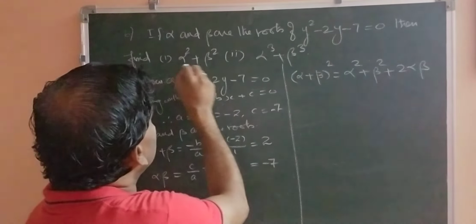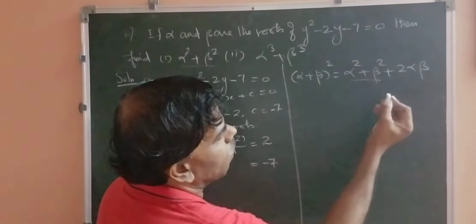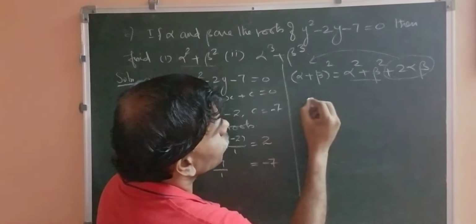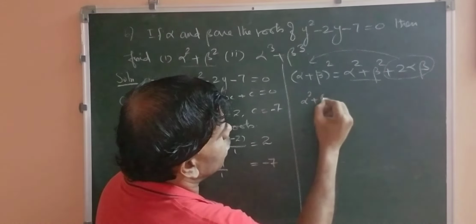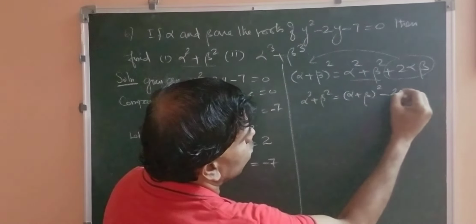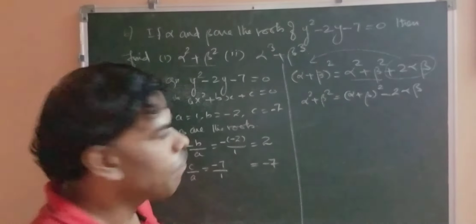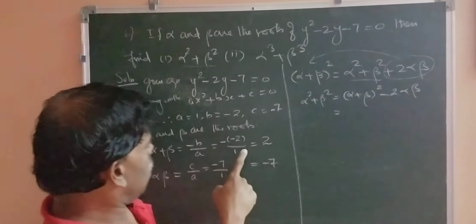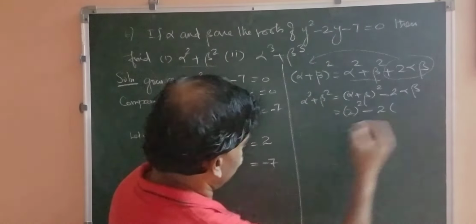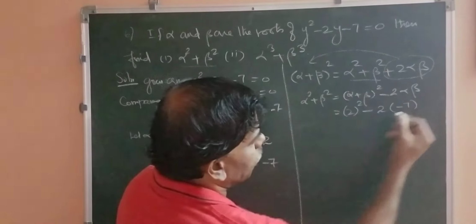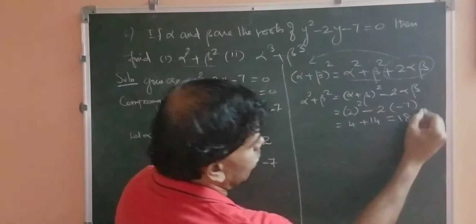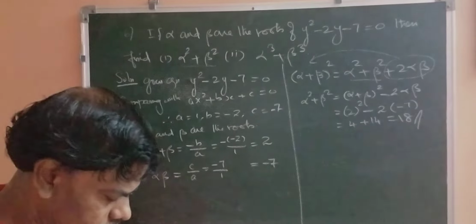We want alpha square plus beta square, so we take this to the other side. Alpha square plus beta square equal to alpha plus beta the whole square minus 2 alpha beta. That's all. So alpha plus beta is 2, 2 square minus 2 into minus 7. So 4 plus 14 is equal to 18. This is the value we got.